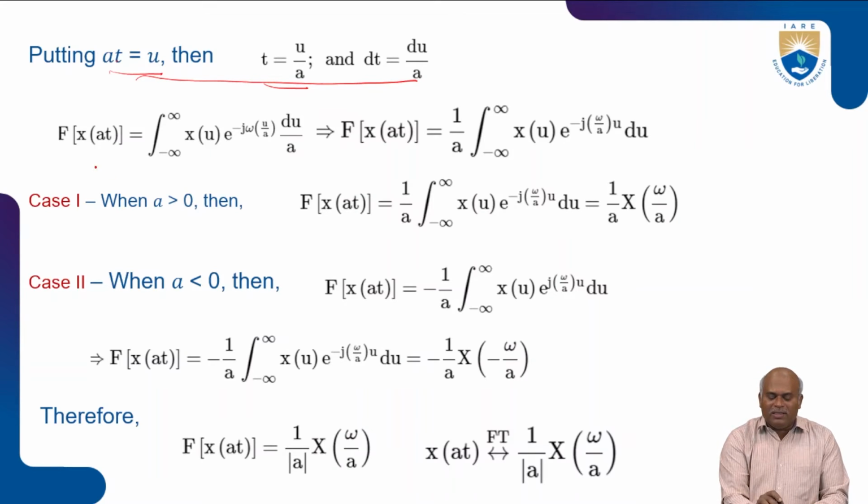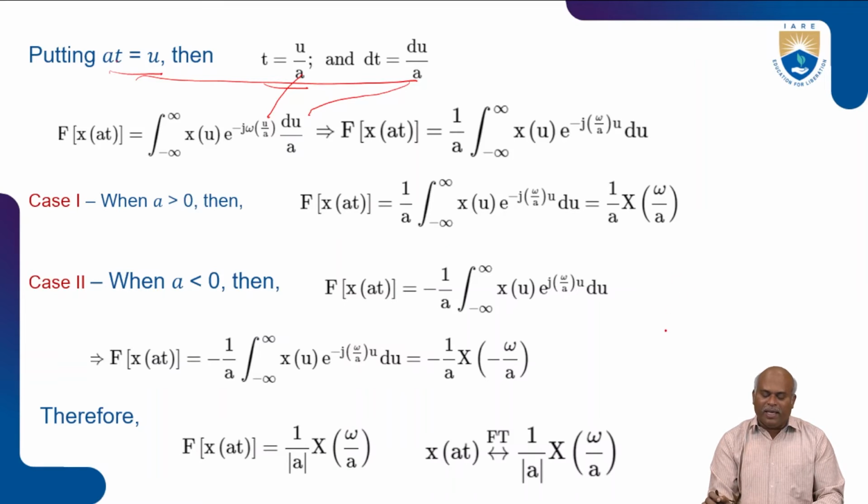So the Fourier transform of x of a t is equal to the integration from minus infinity to plus infinity of x of u e power minus j omega, where instead of t I apply u by a, and then for dt I apply du by a.